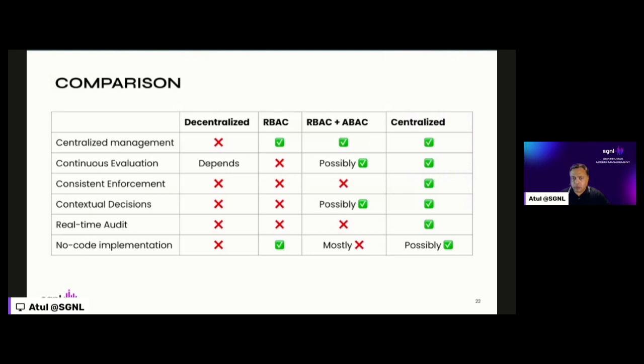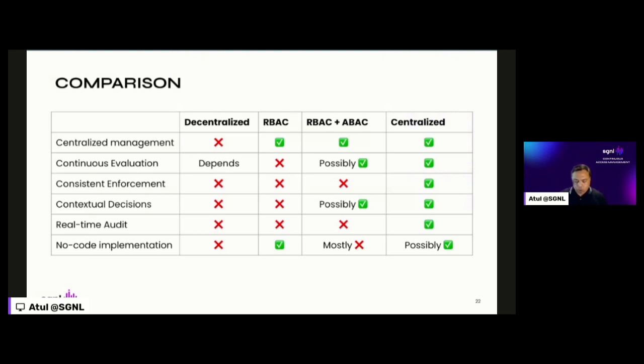Again, all of these other things, as you can see, there are certain possibilities. Like you can do contextual decisions in an ABAC system, for example, because you can take the context as one of the attributes. But again, there may have to be some custom coding as a result of that, and that coding becomes hard to maintain, right?